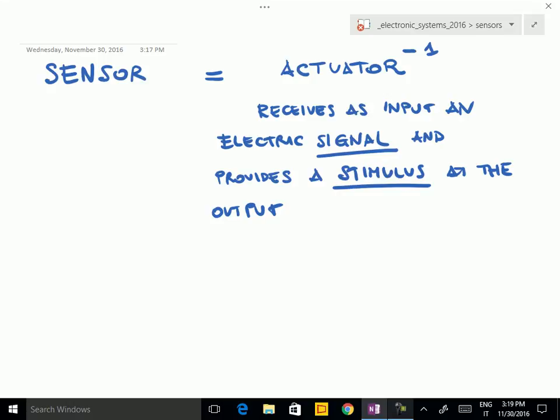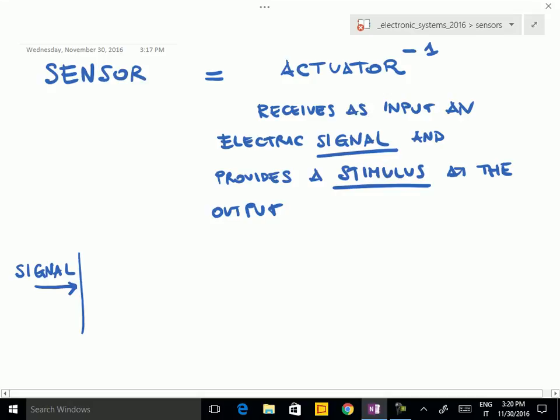For example, by keeping the example that I made before, of course the inverse of a microphone can be a loudspeaker. A loudspeaker receives as input an electric signal, and of course it is transformed into sound waves, which is the final stimulus. Also, in this case, the actuator works like this. This is the signal.